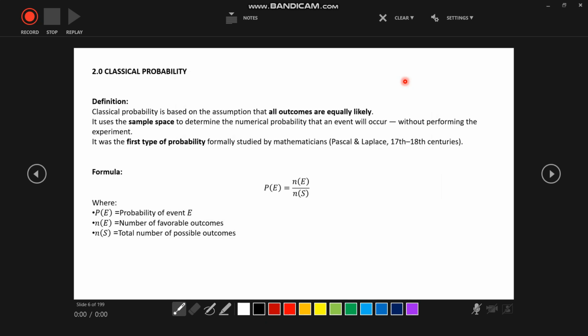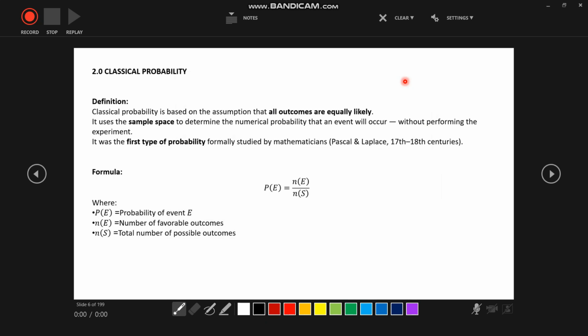Instead, in classical probability, we make use of already known facts or assumed data or existing information to find the probability of an event. Unlike the empirical approach, where we perform an experiment and record the result. For the empirical approach, an experiment will be performed and the result will be recorded.